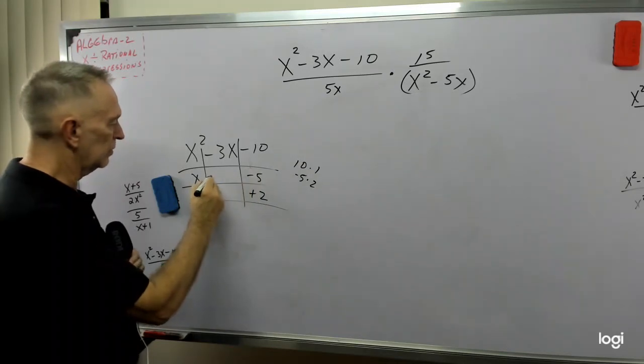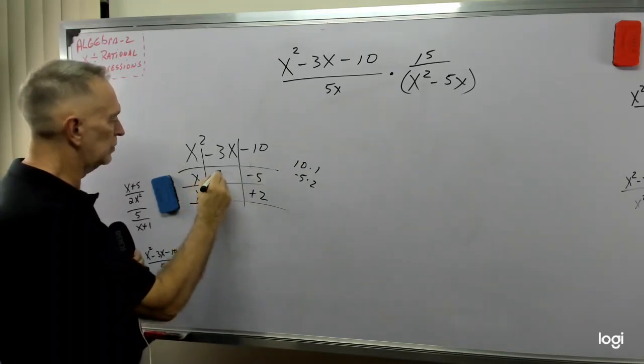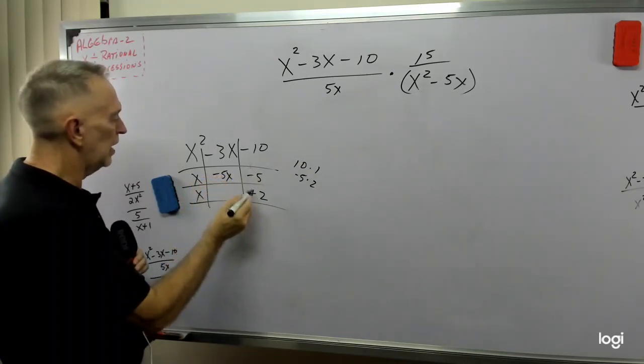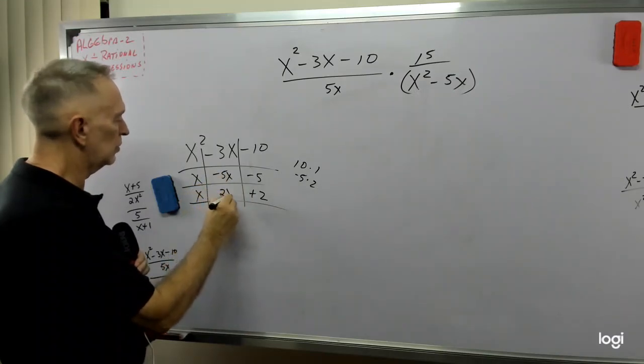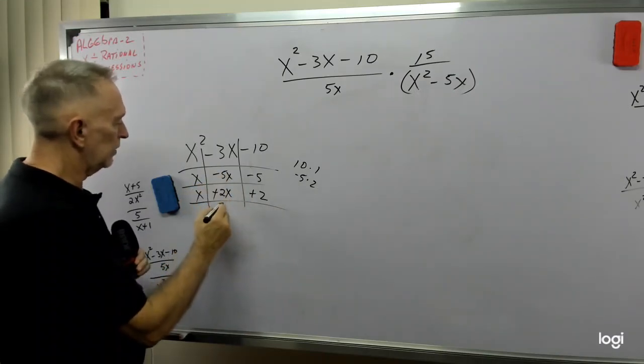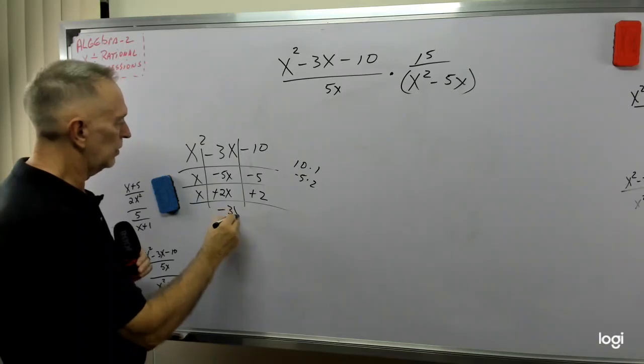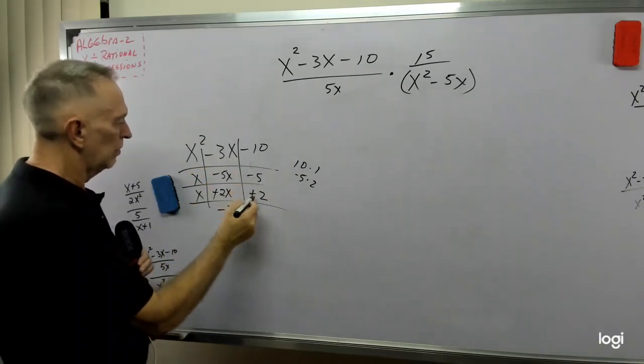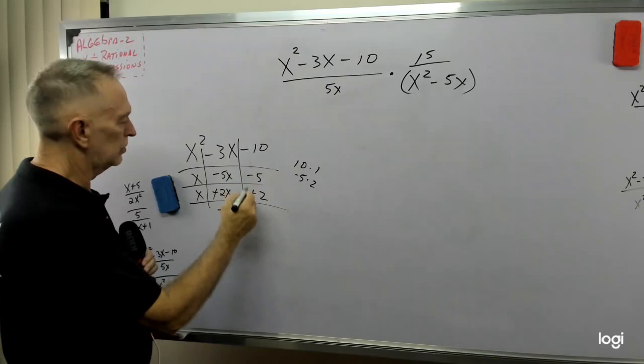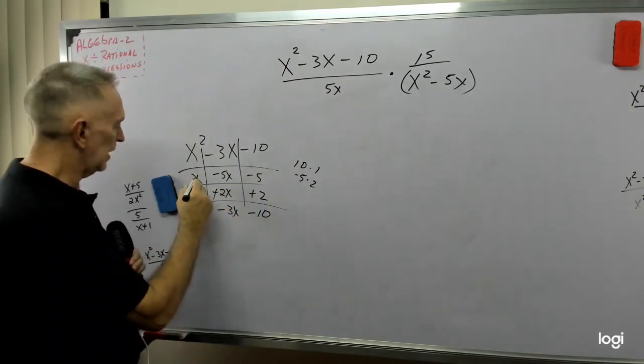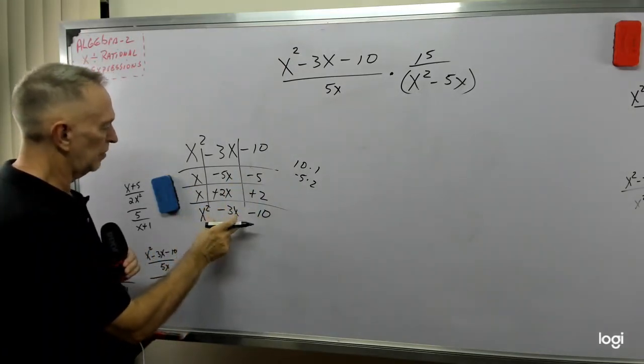Multiply the diagonals. Negative 5 times x is negative 5x. Positive 2 times x gives me 2x. Add those two together, I get a negative 3x, which is what I wanted. Positive 2 times negative 5 is negative 10. X times x is x to the second power.